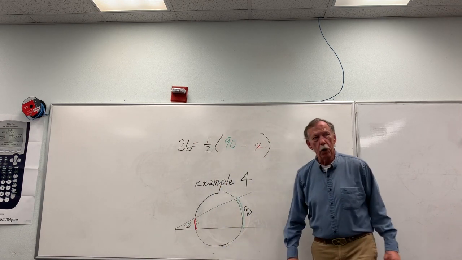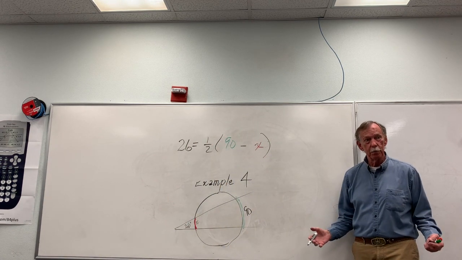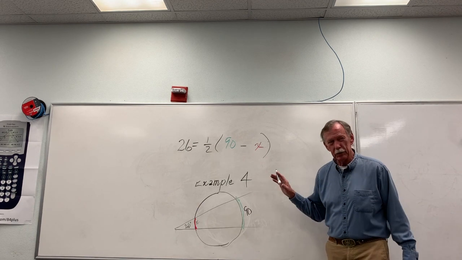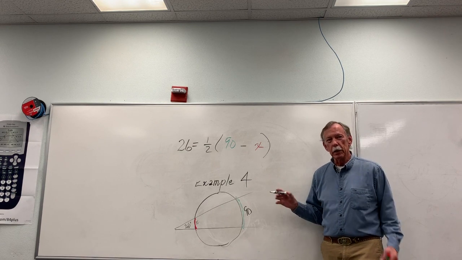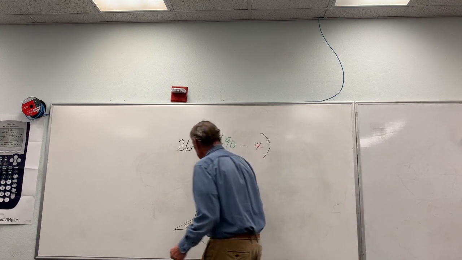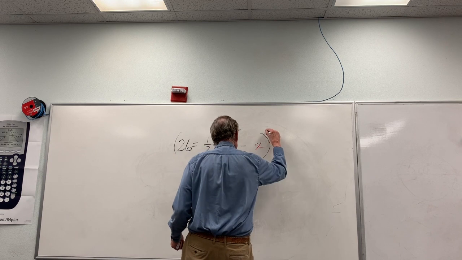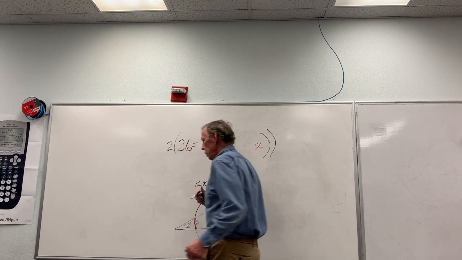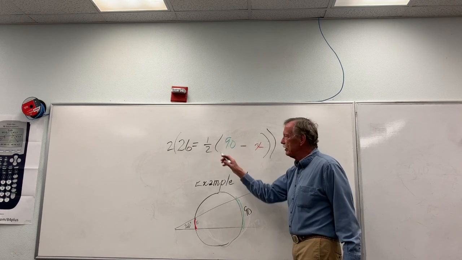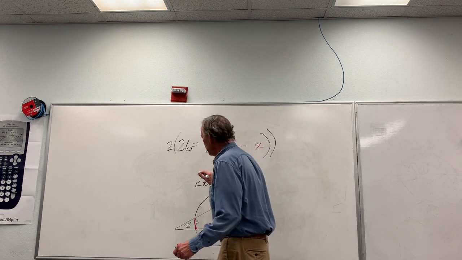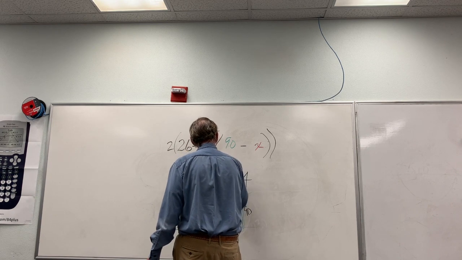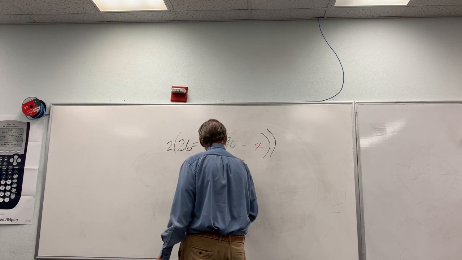And now, all we have to do is solve for x. One of the tricks in algebra that's very helpful is to clear fractions. So I'm going to multiply both sides, in fact, the whole equation, by 2. Multiplying by 2 gets rid of this nasty little 1/2. And it leaves me, on this side, 52 is 90 minus x.